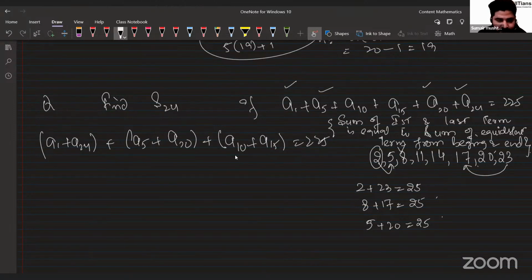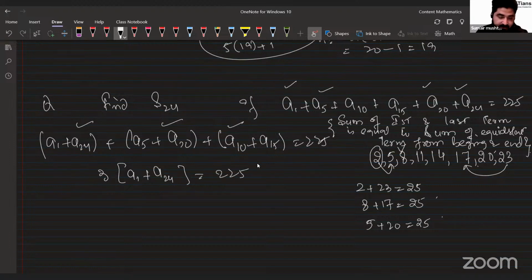You can say the sum of each pair is equal, so I can take that as equal. This is 3 times (a1 plus a24) is equal to 225. Did you people get this concept or not? Yes or no? So a1 plus a24 will be equal to 225 upon 3. This is equal to 75.